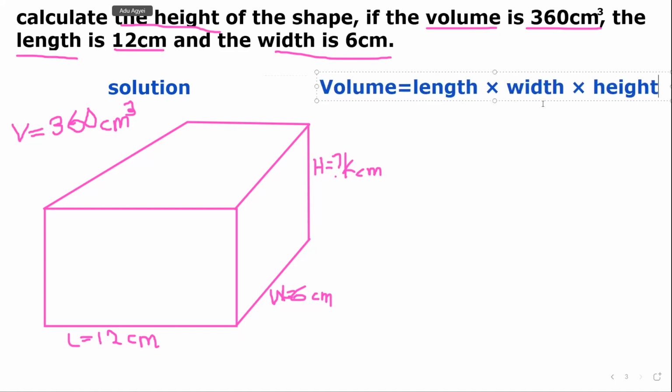So we always know that the volume of a shape here is the length of the shape multiplied by the width times the height.